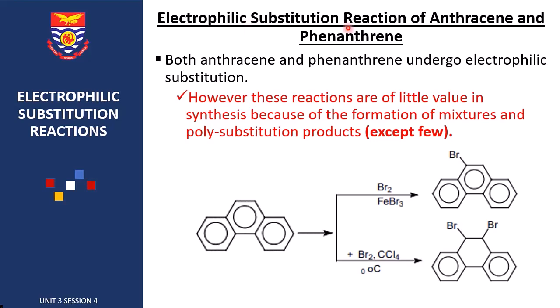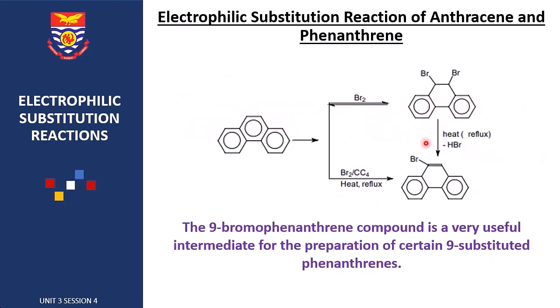Now, this 9-bromophenanthrene can be used to synthesize certain useful compounds because it serves as an intermediate in the synthesis of certain useful derivatives.